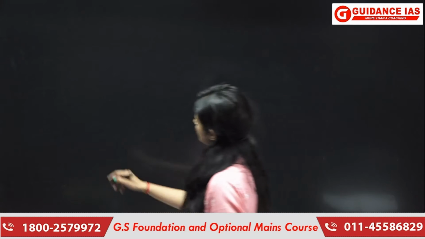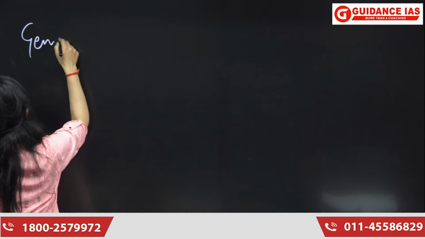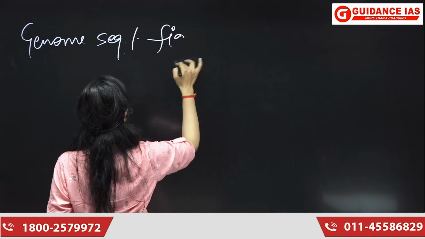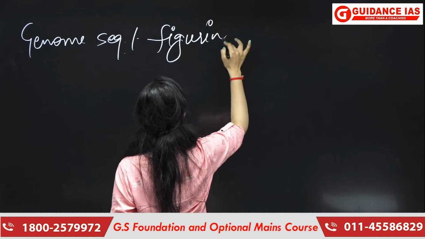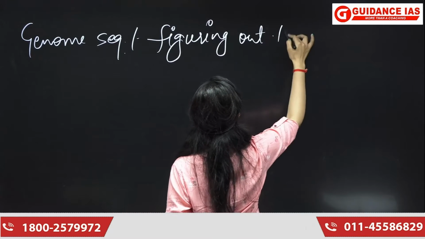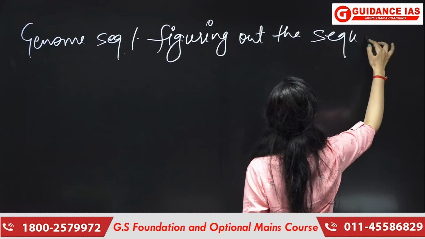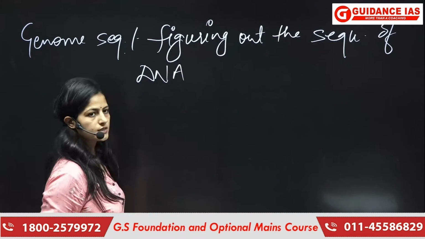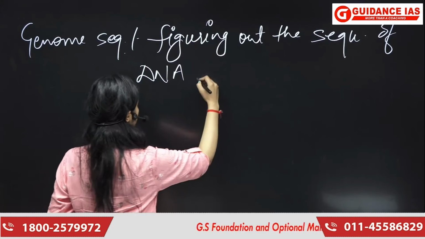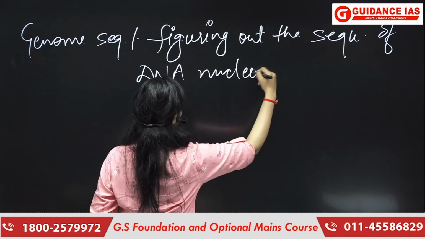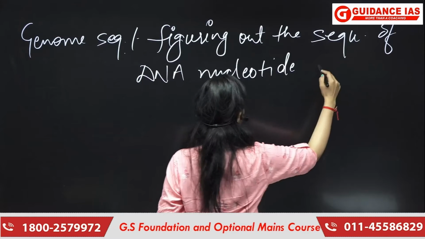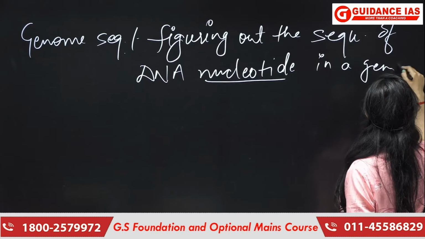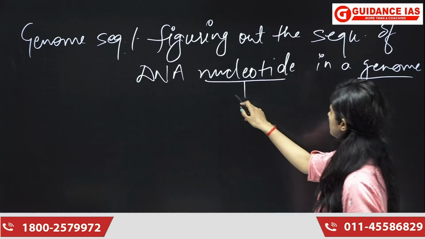When I talk about genome sequencing, it is basically figuring out the sequence of DNA, which is deoxyribonucleic acid, DNA nucleotides in a genome. Now, what are nucleotides in a DNA?